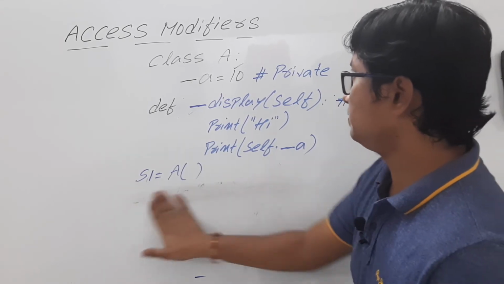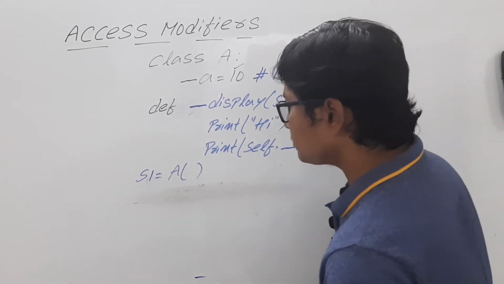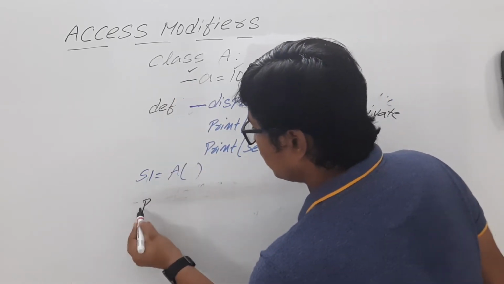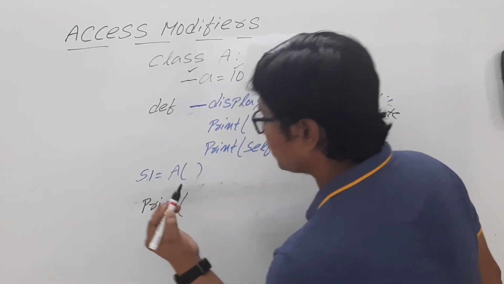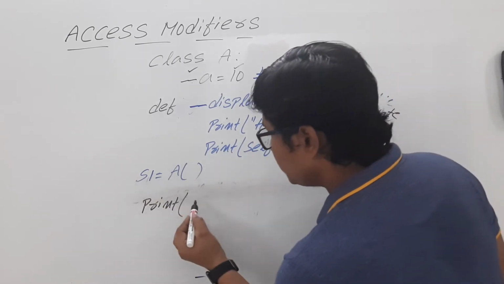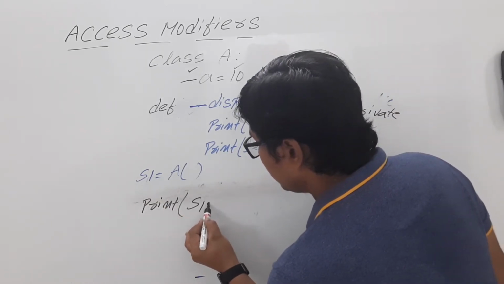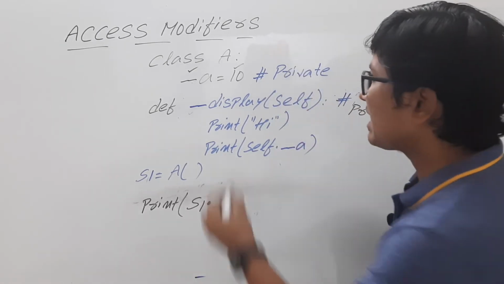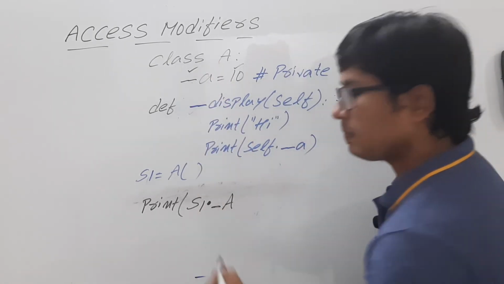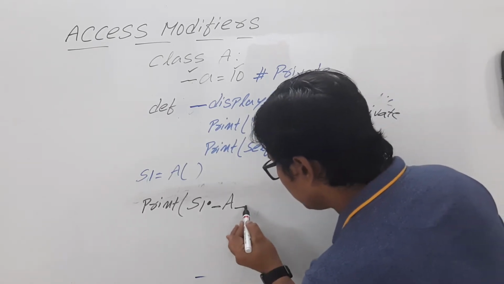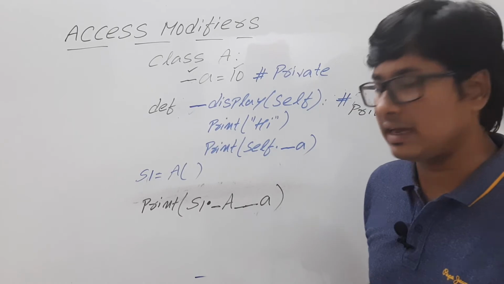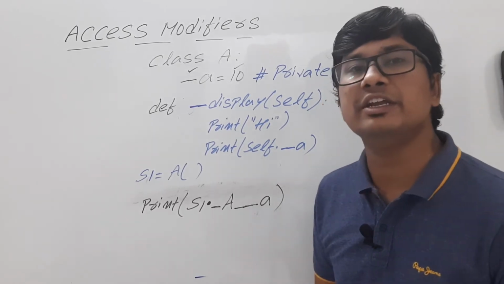Now if you want to display the value of a, you can write print, object name s1 dot, single underscore, class name which is A, double underscore, variable name. This is the syntax, and this concept we call name mangling.